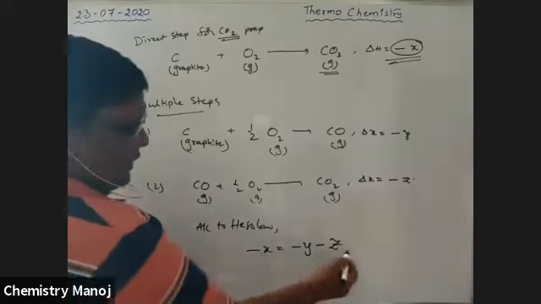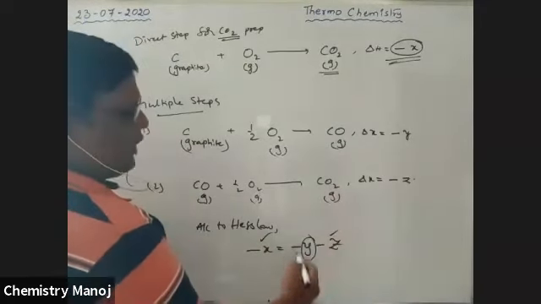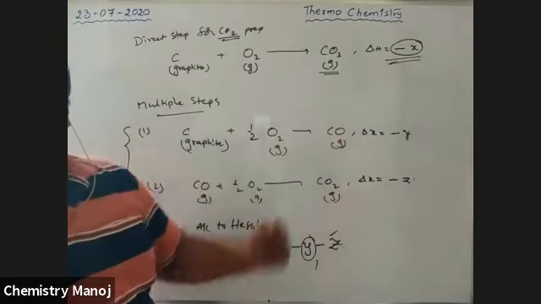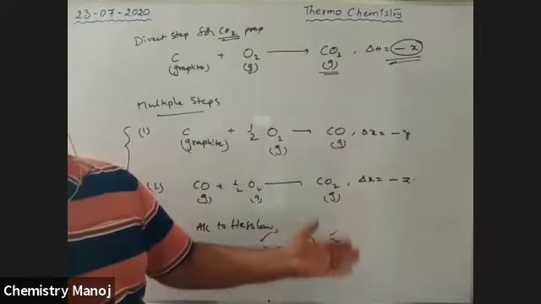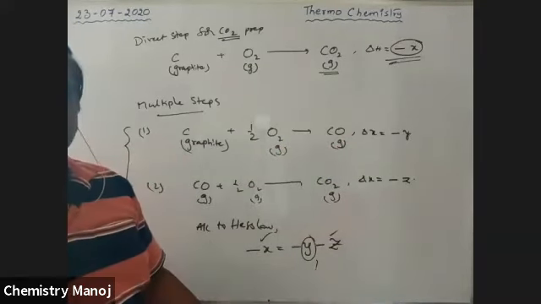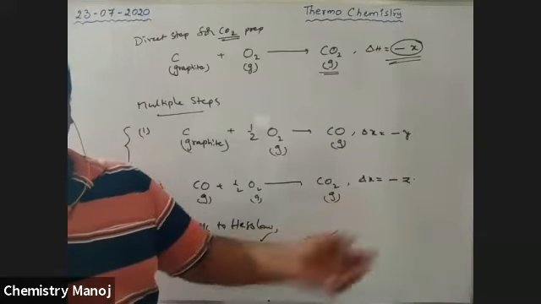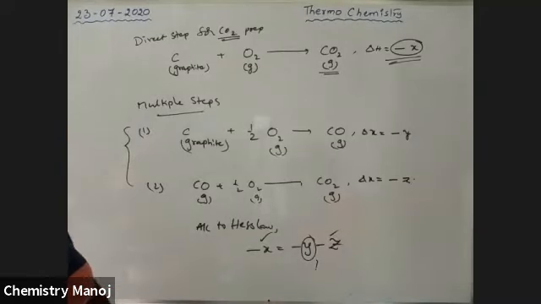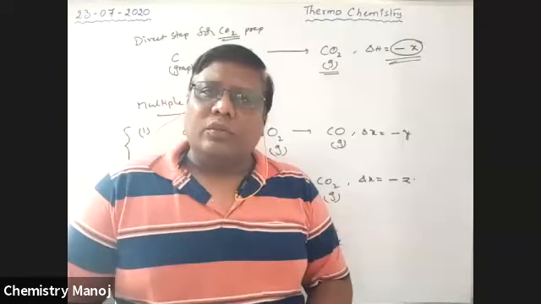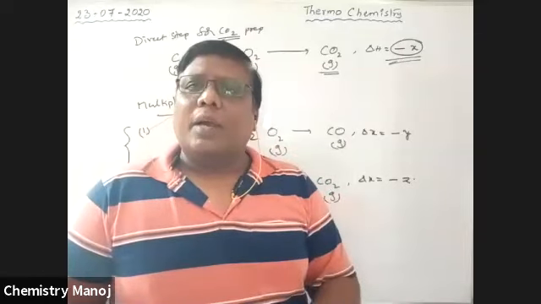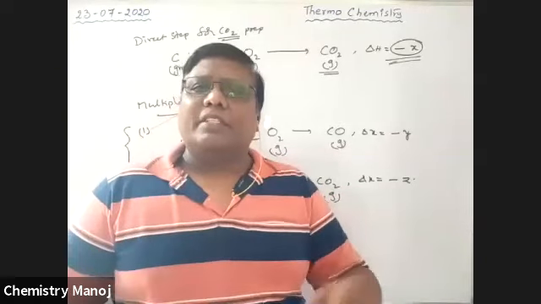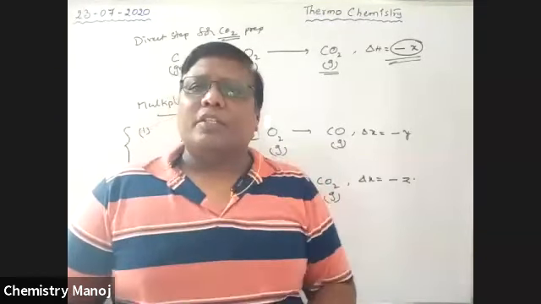Therefore, among these 3 values, with any 2 values known, the third value is calculated. This is the way to calculate one of the formation values. CO is the intermediate, so that intermediate value should be calculated with the help of Hess's law. If a reaction has a direct step and multiple steps, and we know the remaining values, the third value is calculated with the help of Hess's law, that the direct step is equal to the sum of the multiple steps.